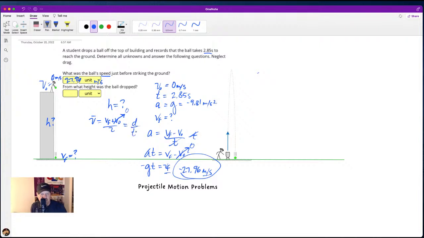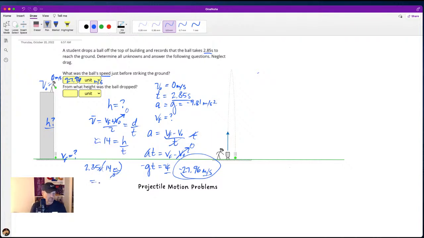The distance is all vertical, so I like to call vertical distance height. So the average velocity, 27.96 over 2, roughly 14, is equal to height over time. The time it falls is 2.85 seconds. So 2.85 seconds times 14 meters per second, and then seconds cancels, and now we have meters.